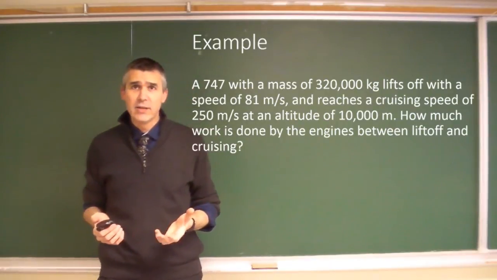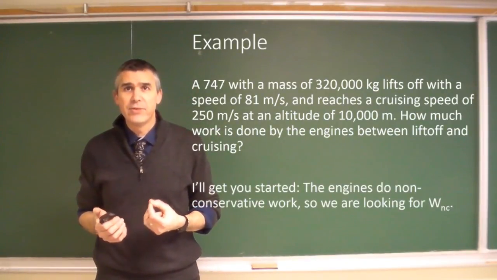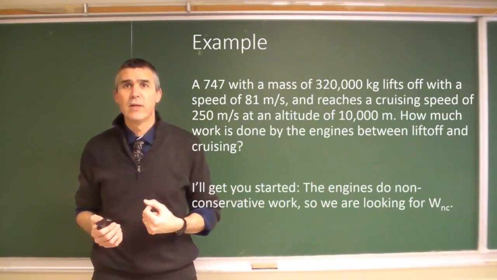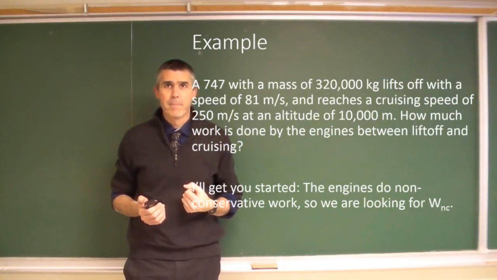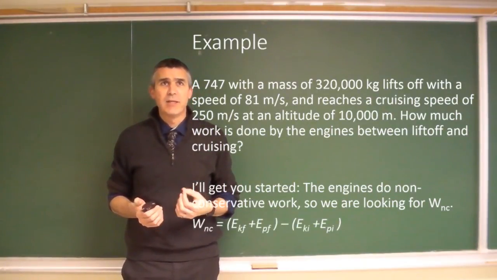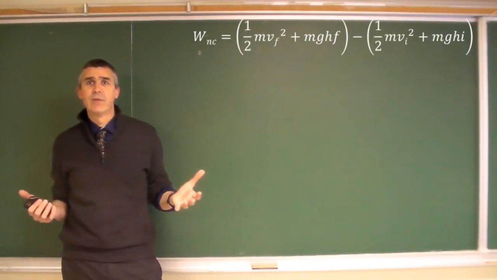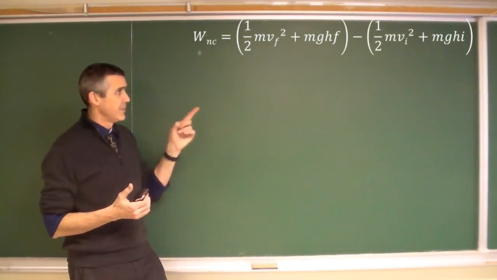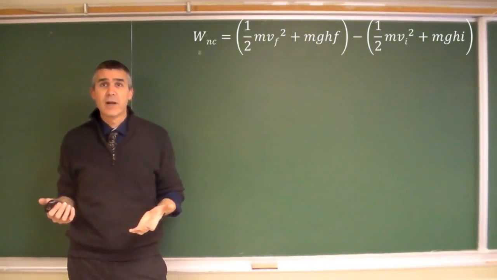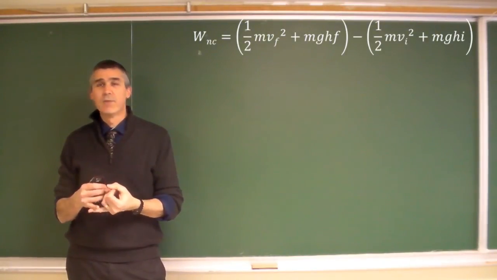To get you started, the thrust from the engines is a non-conservative force, so we're looking at non-conservative work. Okay? Let's see how this plays out. If we have our great long formula for non-conservative work, that one there, we can just start plugging our values in. We know we're looking for the non-conservative work done by the engines.